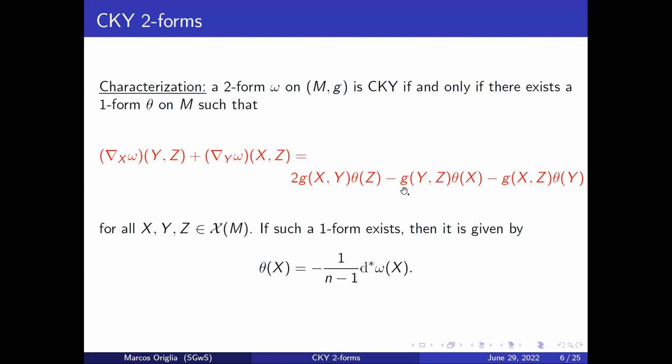So for example, when we have to do our computation, this characterization is much easier than the original formula. And in this situation, this one form is given by this. So it's determined by omega and the codifferential operator. Again, here n is the dimension of the manifold. So we work with this equation.